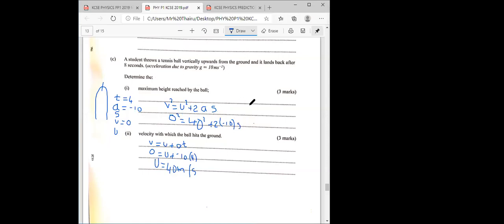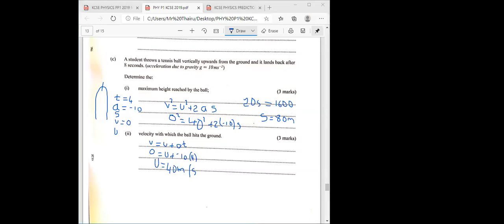So this is -20S. Take it to the other side, it becomes positive 20S. So 20S is equal to 40 squared, which now becomes 1,600. Divide both sides by 20, and our S finally becomes 80 meters. So this becomes our final answer for that question.